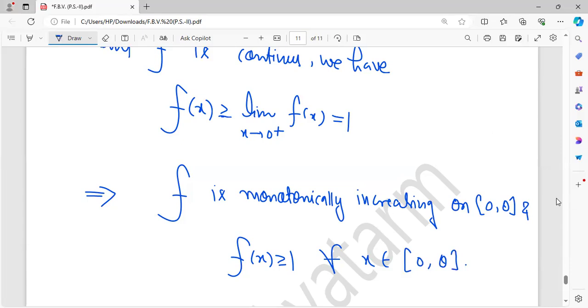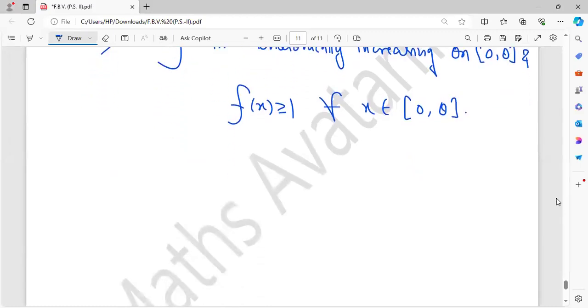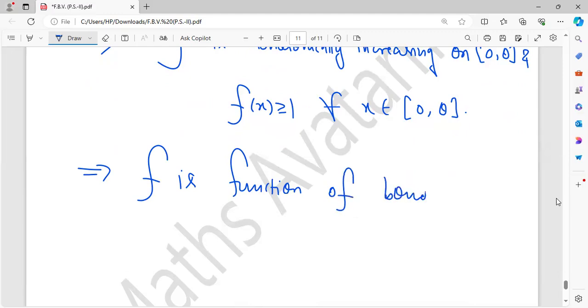Since f is monotonic, this implies f is a function of bounded variation.